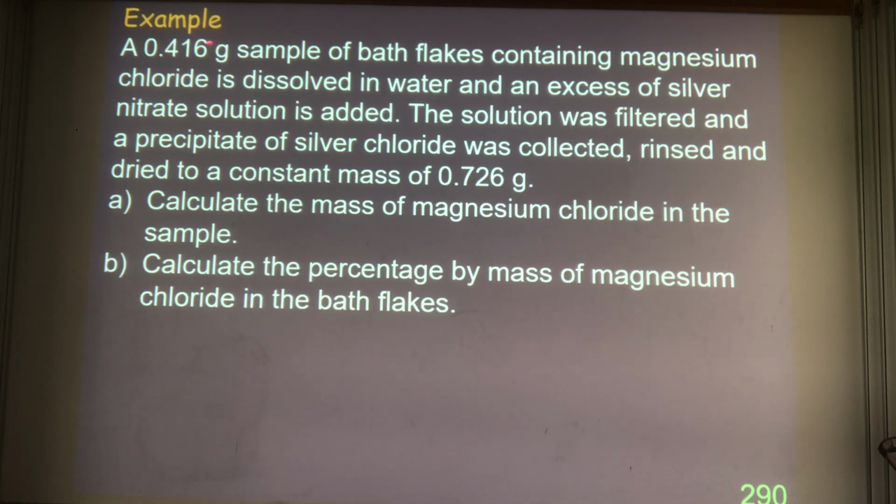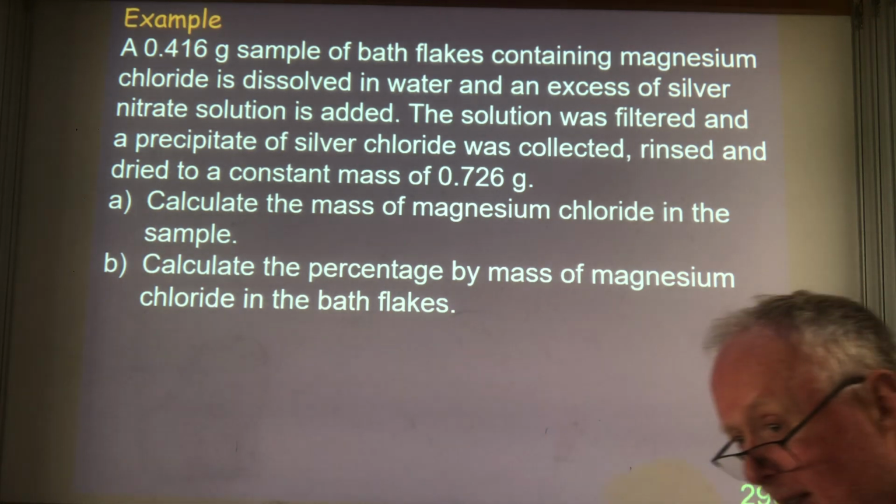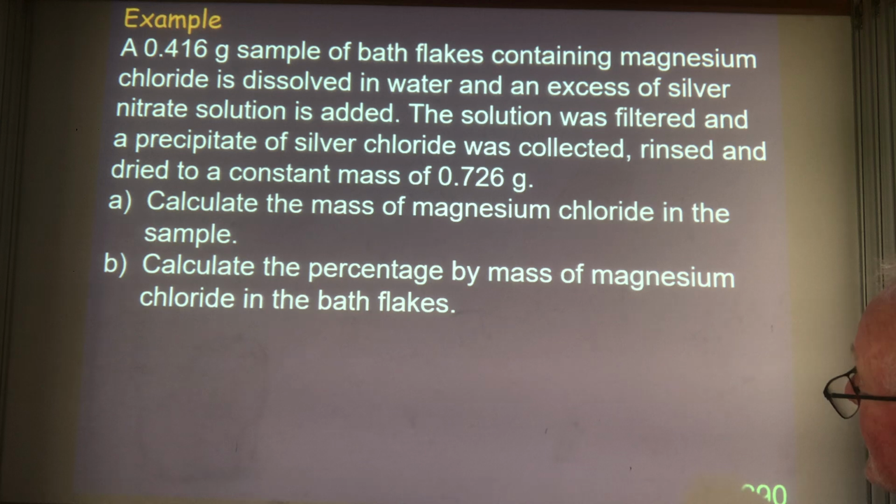Now the bath flakes, that mass, we don't actually know what that represents because that's the whole bath flakes. Some of that's magnesium chloride, some of that is other stuff. This is the mass of the whole sample. This is the total sample mass. It's a mixture. Can't use that to work out moles at all.